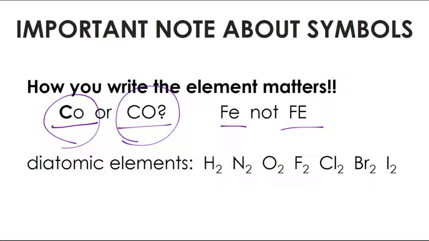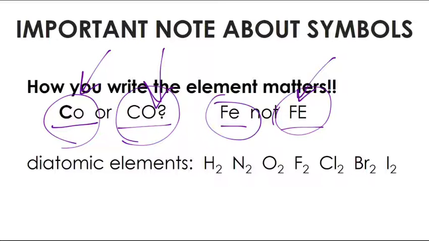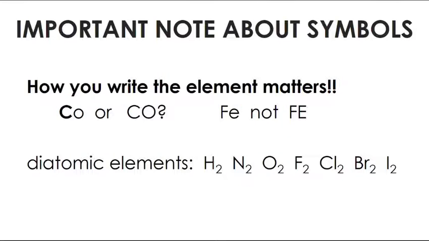There's a big difference between these: this is a compound, that's an element. This one, I don't even know what it is, because there's no capital F, no capital E element. So that would be fluorine and something else that obviously isn't right. On the other hand, Fe, lowercase e, is obviously just one iron atom. So we have to be consistent with those symbols.